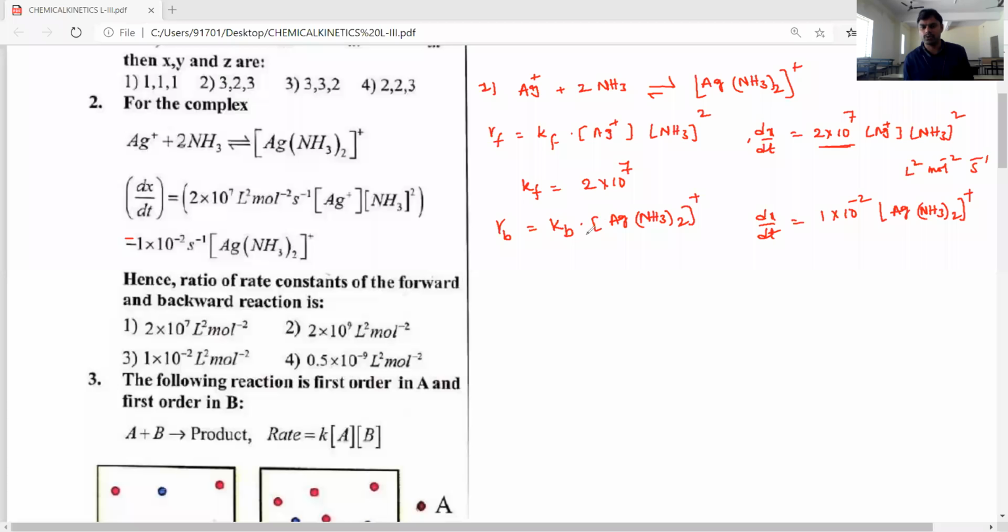If you compare both equations, then Kb, the backward reaction rate constant, is 1 into 10 to the power of minus 2.